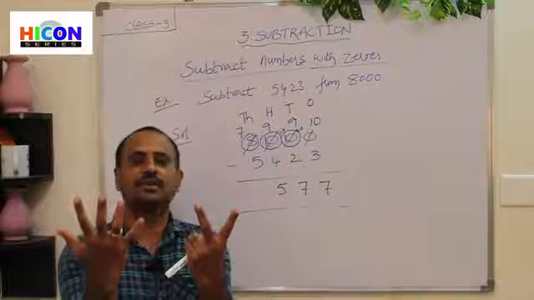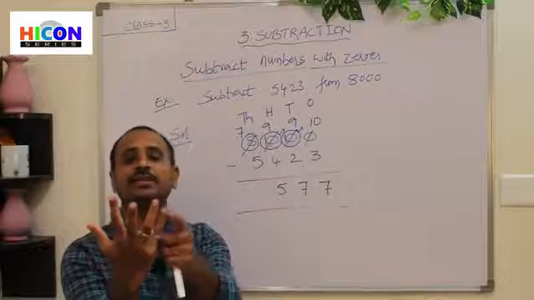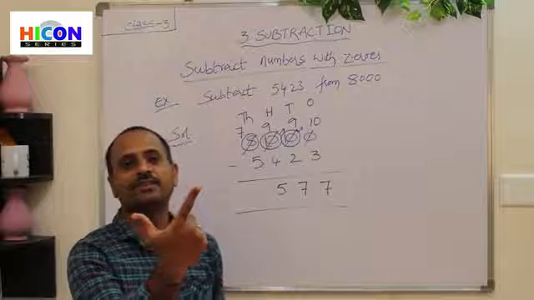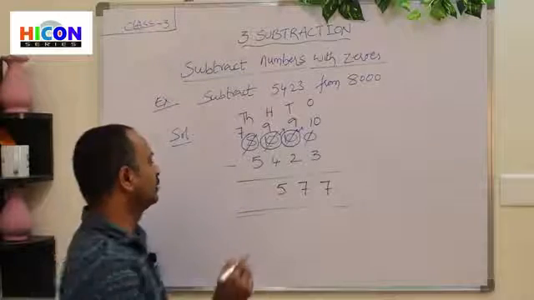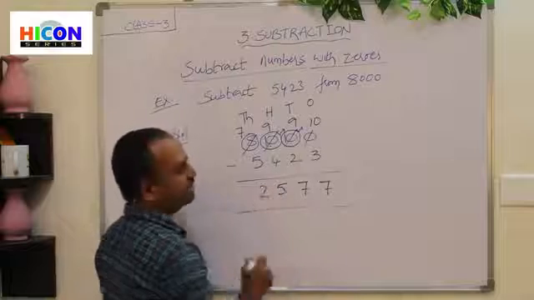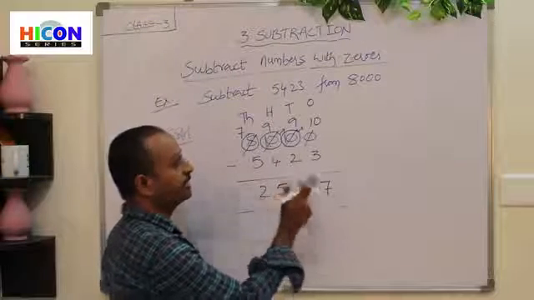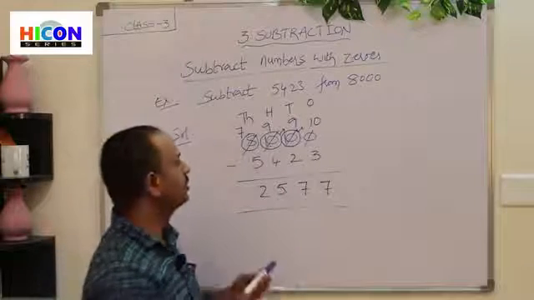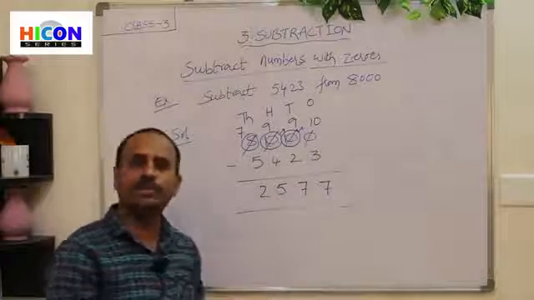So children see, I am closing 5 fingers. 1, 2, 3, 4, 5. So children, how many fingers are there remaining? So there are 1, 2. So there are 2 fingers. So write 2 here under thousands place. So the answer is 2577.